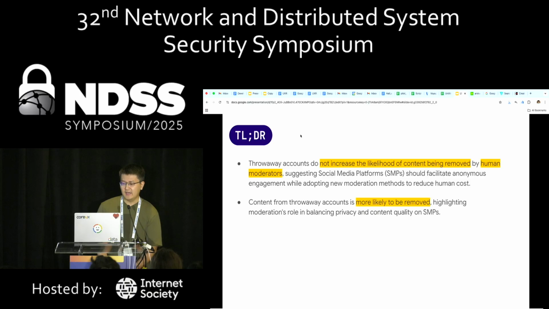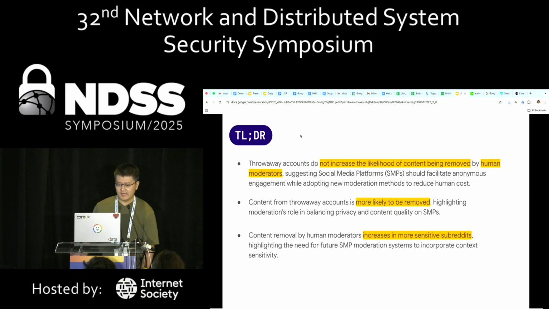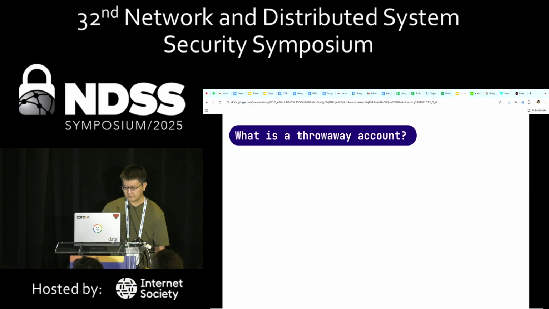We also found that content posted by throwaway accounts is more likely to be removed, highlighting moderation's role in balancing privacy and content quality on social media platforms. Finally, we found that content removal by human moderators increases in more sensitive subreddits, highlighting the need for future SMP moderation systems to incorporate context sensitivity.